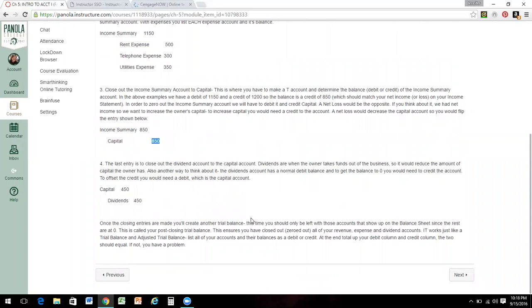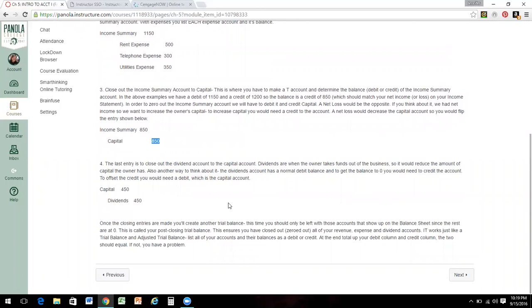After you've made these journal entries, all your revenues, all your expenses, and your draw account have a 0 balance. Those are the temporary accounts. What is left is called a permanent account, which is your balance sheet. Assets, liabilities, and you will have 1 equity account, which is the capital, and it should have a balance left in it.